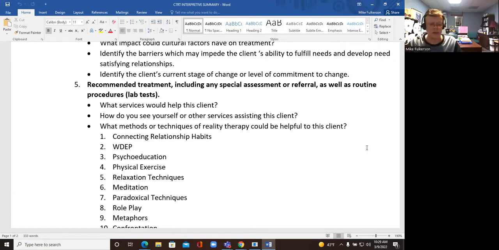And then what methods or techniques of reality therapy could be helpful to this client?